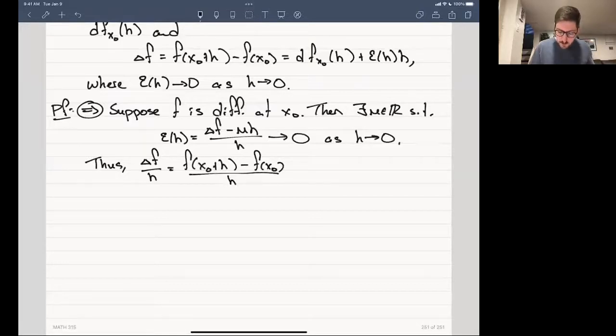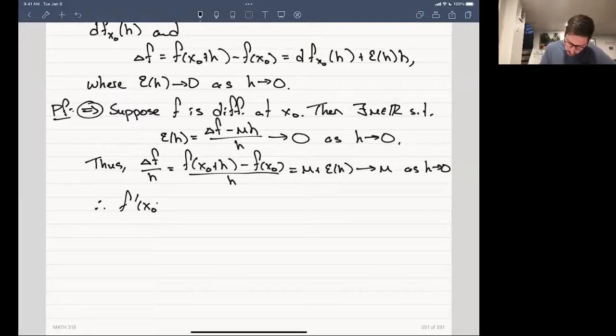Well, from my epsilon term above, my sort of Taylor's theorem that I've been talking about, this is equal to m plus epsilon of h, which goes to m as h goes to 0 by definition of that epsilon. So therefore, f prime of x0 is equal to m. And by proxy, because it has a value, it exists. All right, so let's go in the other direction.